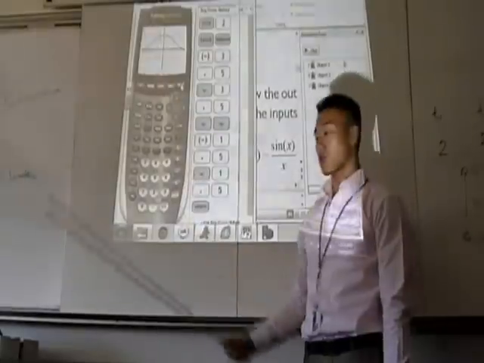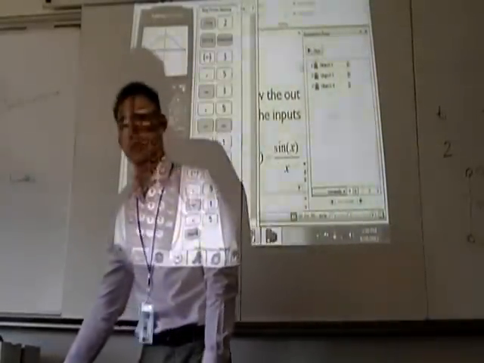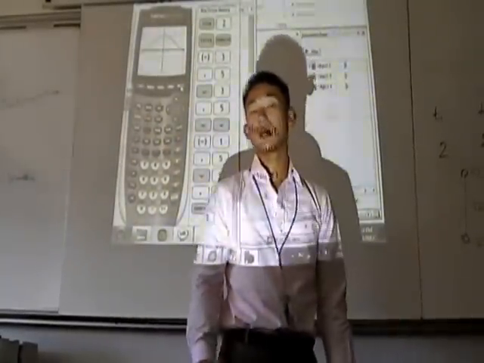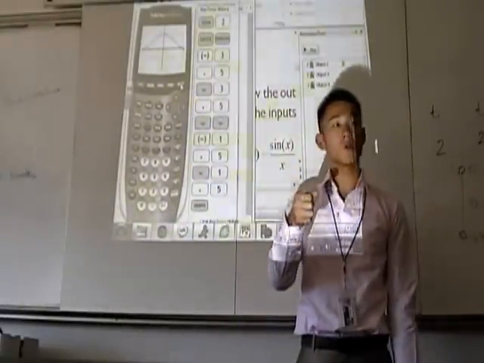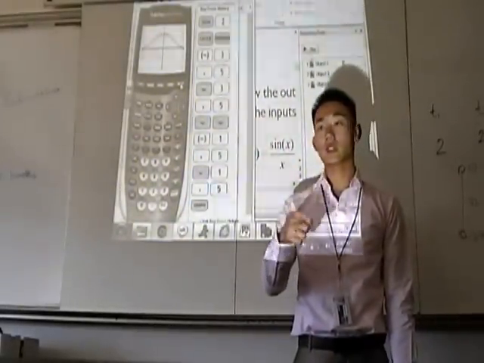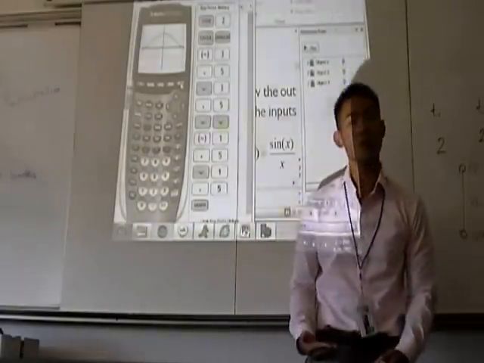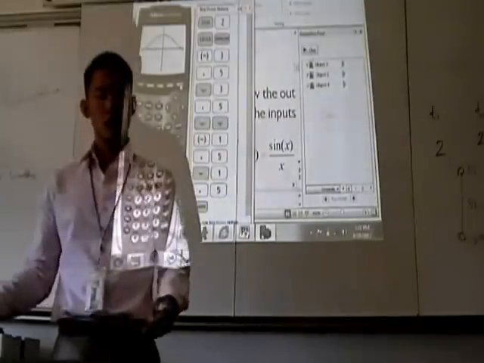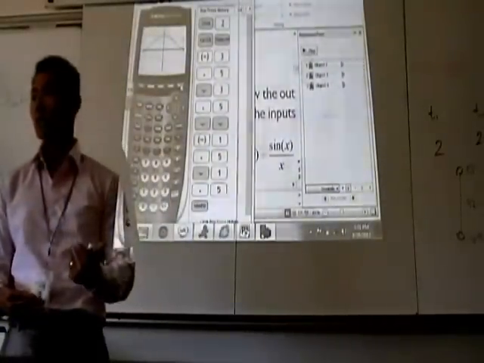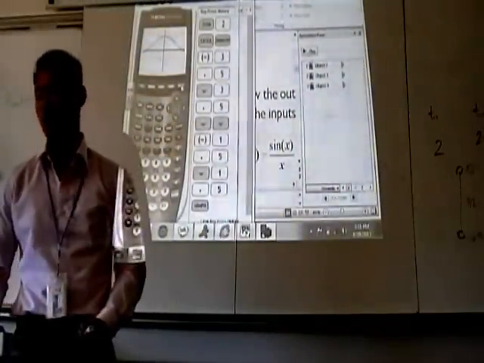Because it's so close, and if you continue to zoom in at that point, eventually there's going to be a hole. Eventually there's not going to be anything there. But because it's so close, we just say, as x approaches 0 of sine x over x, we're just going to say that that's 1.